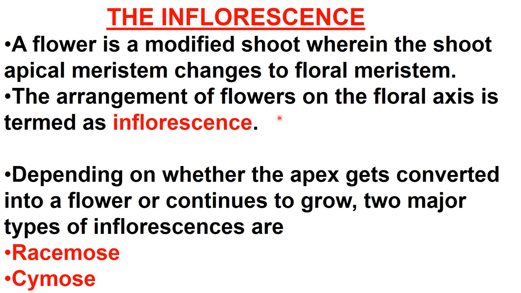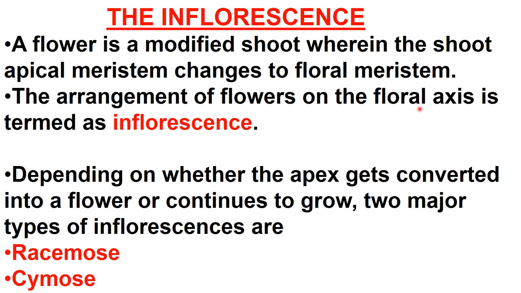So the arrangement of flowers on the floral axis is termed as inflorescence. As you have seen in different plants, flower arrangement is different on the floral axis, right? Flowers are arranged differently on different plants. That particular part of the shoot, the stem, is called floral axis.